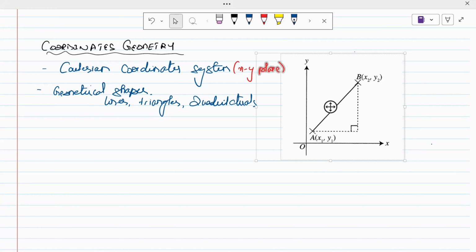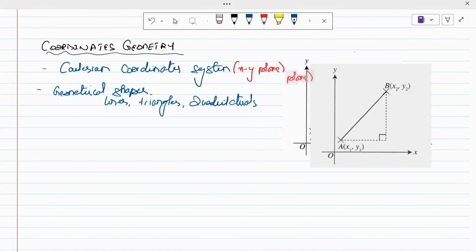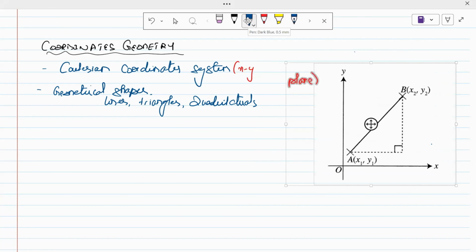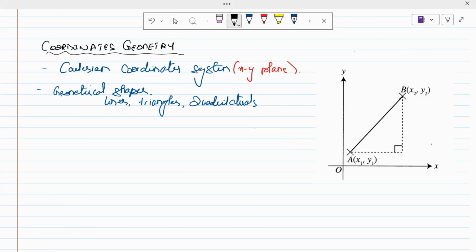So about this topic, there are a few formulas to be remembered, and we'll go through all those formulas one by one with their examples. All right, so the very first concept or formula to be remembered is the concept of gradient.